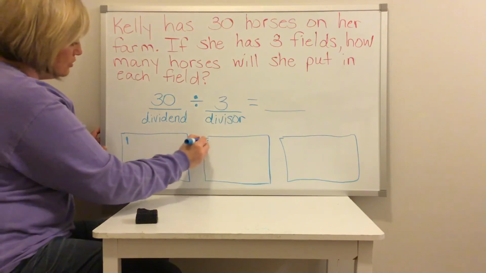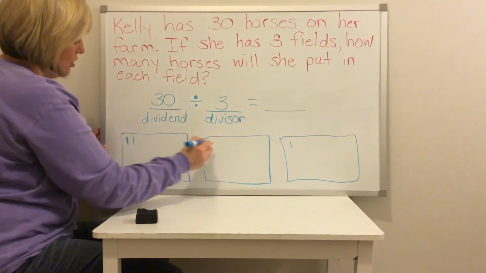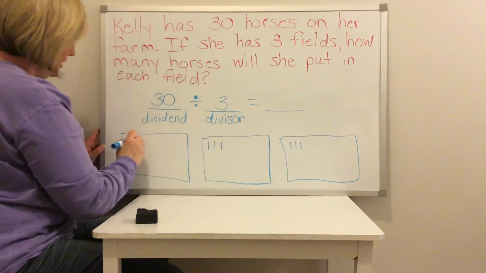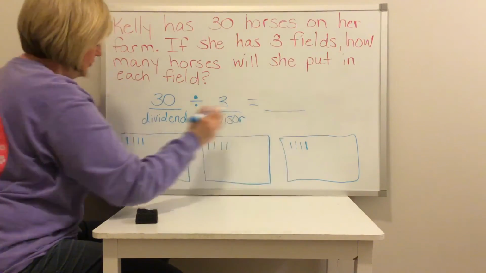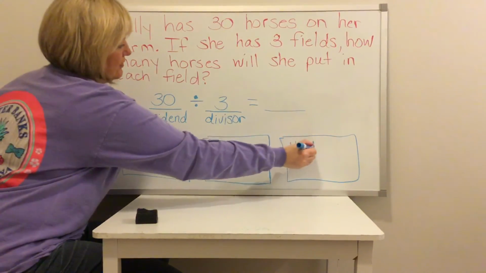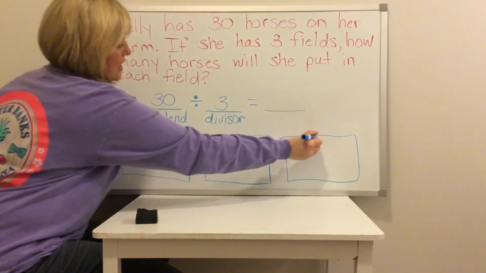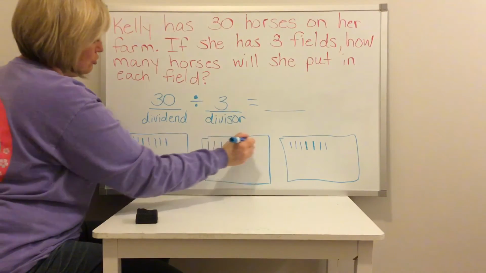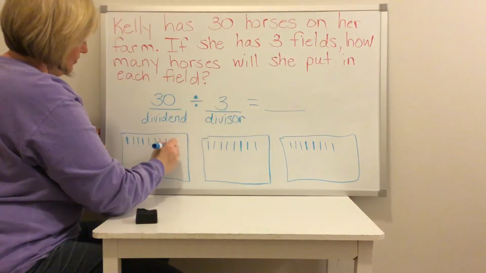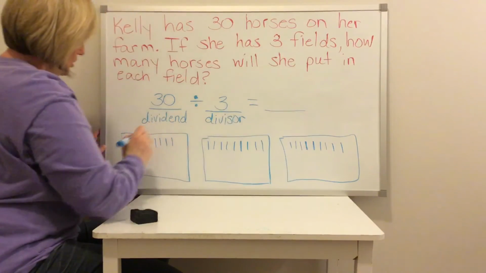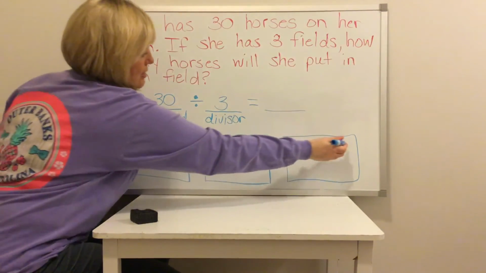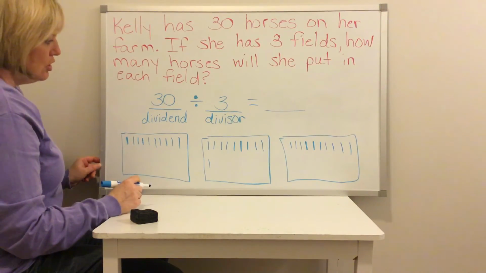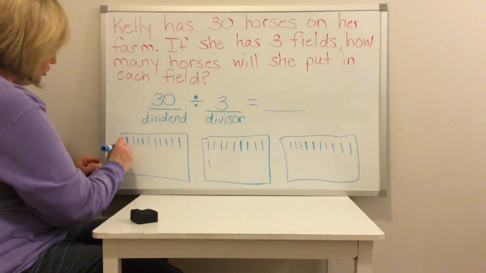So 1, 2, 3, 4, 5, and so on up to 30, and there are my 30 horses in the 3 fields. So I'm going to count how many are in each.